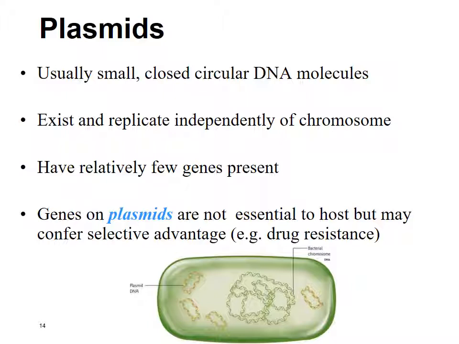Now, an important point here is that the genes found on plasmids are not essential to survival of the host, but they may confer some type of selective advantage to the bacterium, for example, drug resistance. And we'll see a few additional examples in another slide.